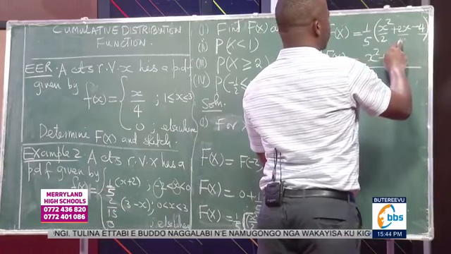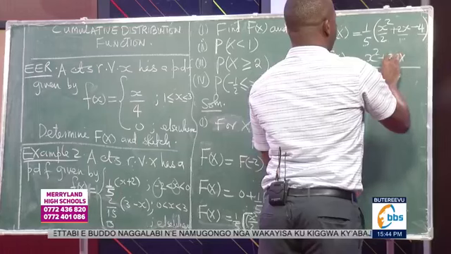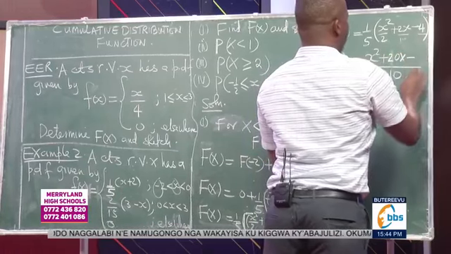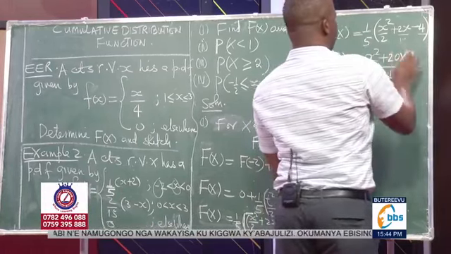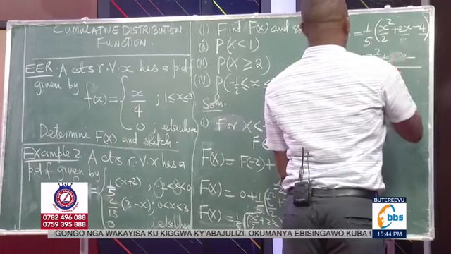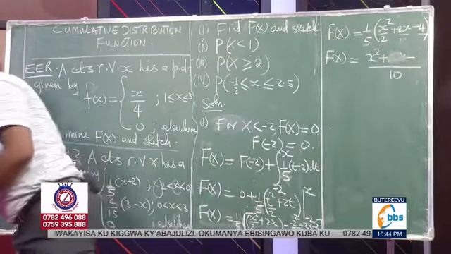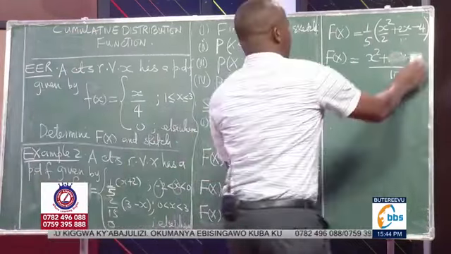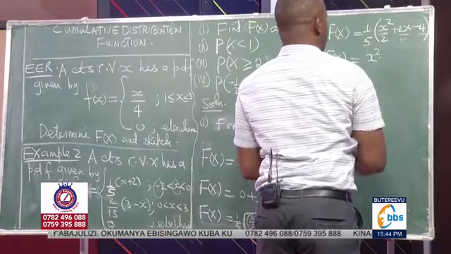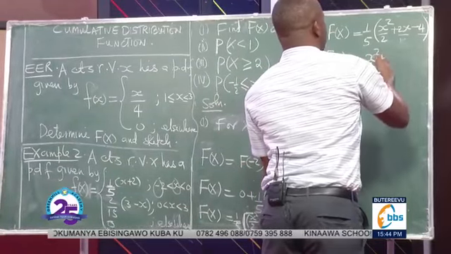By 1 to be 10, 20. 20x. By 1, if I enter in my 5, I'll have x squared plus 4.